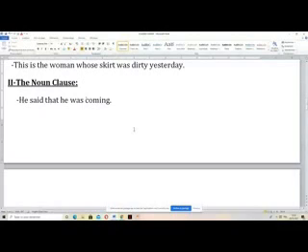And remember, a clause is less than a sentence. "He said" what? He said that he was coming. So "that he was coming" is a noun clause functioning as an object of the verb "said."